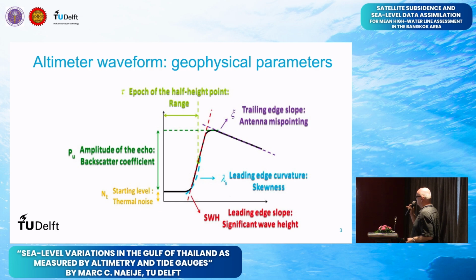So one thing is, of course, what we look at is the half height point. So here, you know when it was sent from the altimeter to the sea surface, and when you get your echo back, you just see what happened with the half time of this height point, and that gives you access to the actual distance, the distance from the satellite antenna to the sea surface.